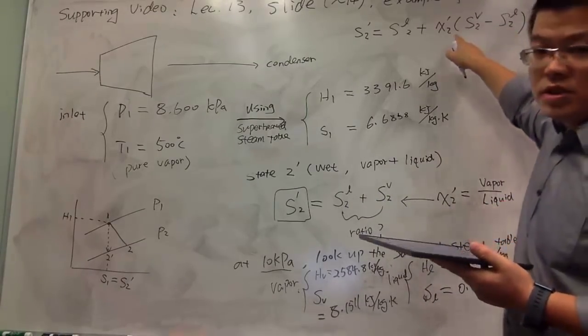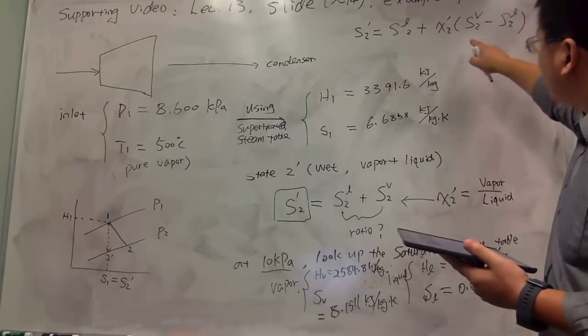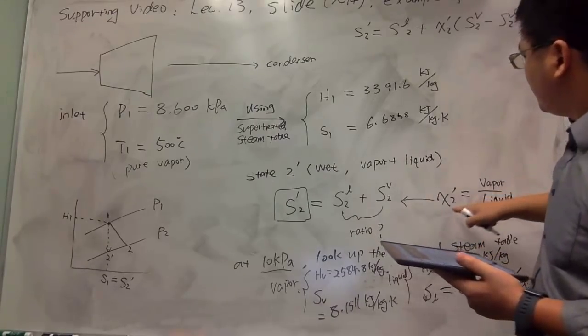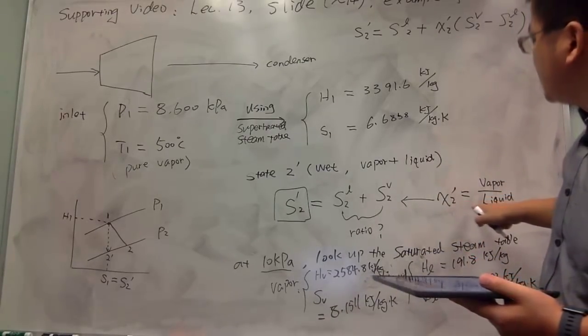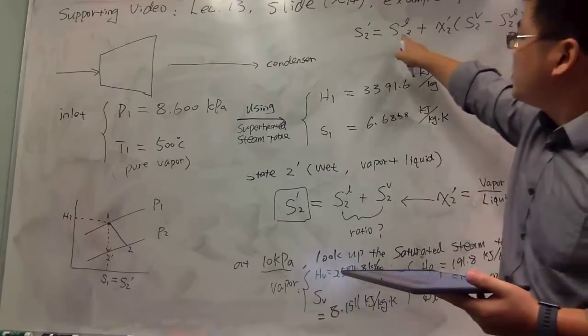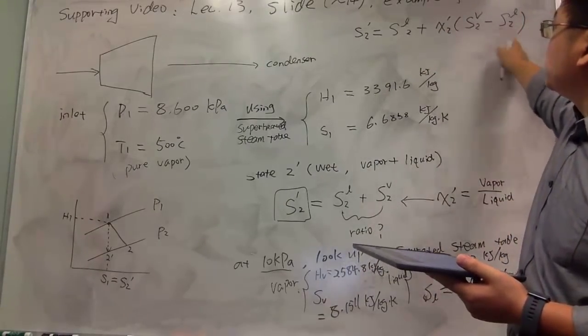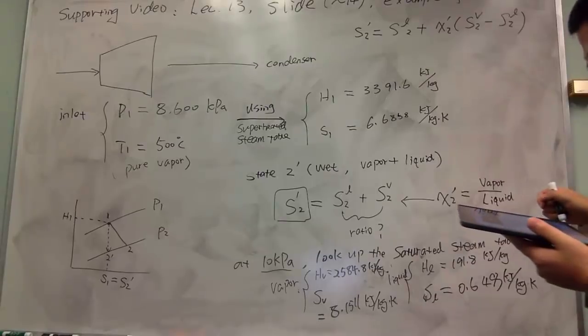So from this equation, if you have zero vapor when X2 prime goes to 0, then I'm going to have pure liquid. So that is a good and correct equation.